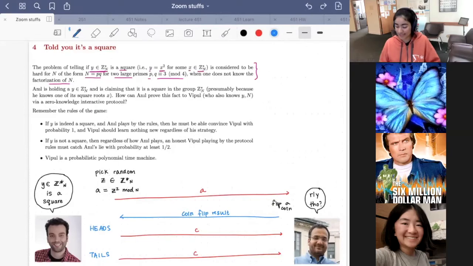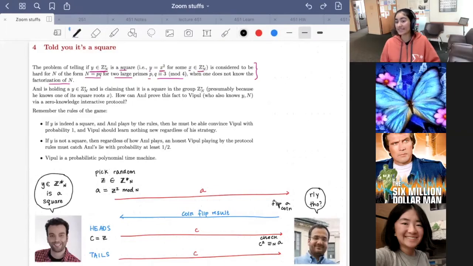So in this case, Vipul is going to ask that Ada send over z, because that would mean that he knows what the square root of a is. And it's really easy for Vipul to check that, because he can just check that c squared is equivalent mod n to the a, which he was already sent from the first step.